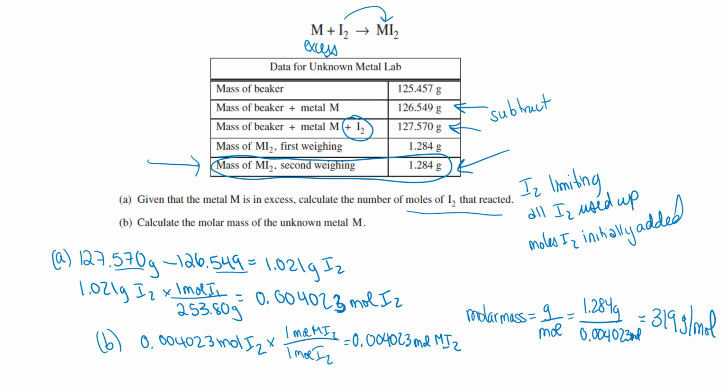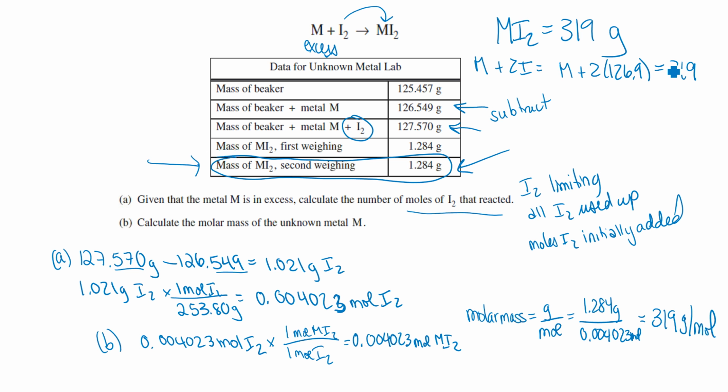I don't want to stop there, though, because the question doesn't ask me what's the molar mass of MI2. It's asking me what is the molar mass of M. Okay, so I know that MI2, let me write this up here, MI2 weighs 319 grams, and I lost track of my sig figs here, sorry. Okay, and I know that MI2 is made of an M and 2 iodines. I know the molar mass of iodine, so iodine is 126.9.